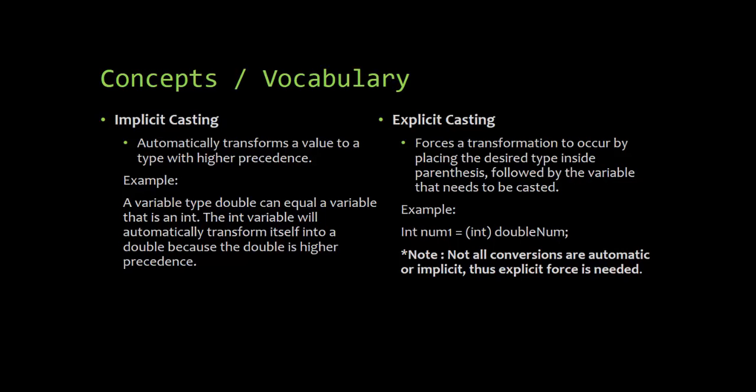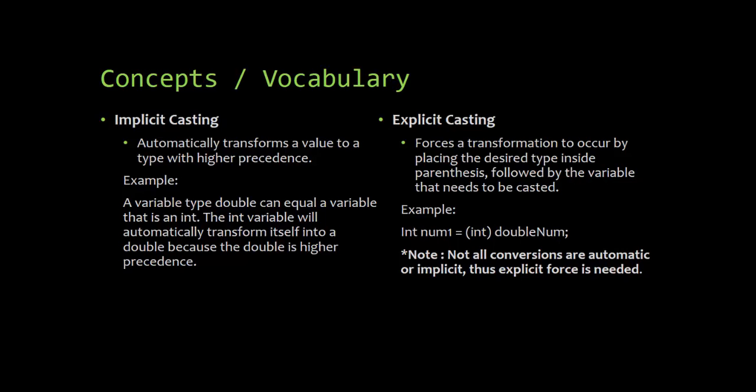However, it doesn't work the other way around. Since the integer has a lower precedence, you couldn't convert a double into an integer automatically. Because of that, we have what's called explicit casting, which forces the transformation to occur by placing the desired type inside parentheses, followed by the variable that needs to be cast.